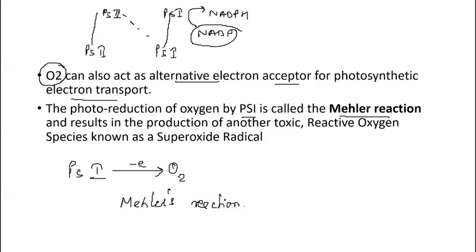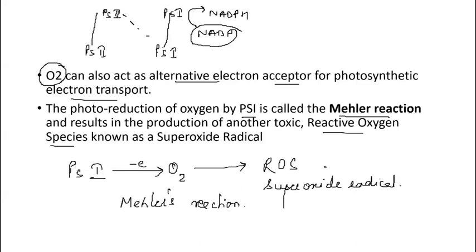Once the electrons are received by oxygen, it forms a reactive oxygen species known as superoxide radical, O2 minus. Clear?